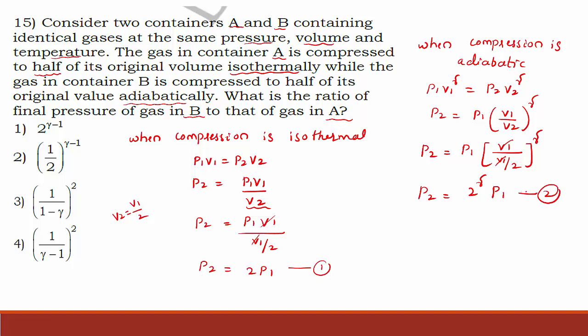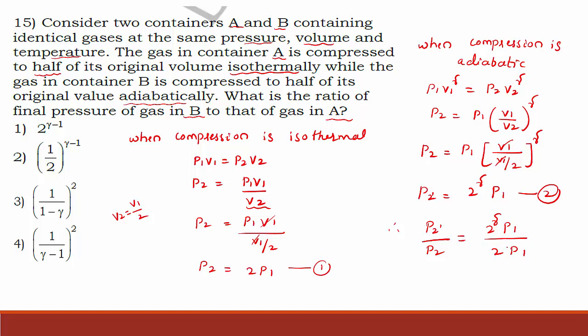Now the question is the ratio of final pressure in B to that of A. Here let us take it as P2 dash. Therefore, P2 dash divided by P2 is equal to the ratio 2 raised to gamma P1 divided by 2 P1.